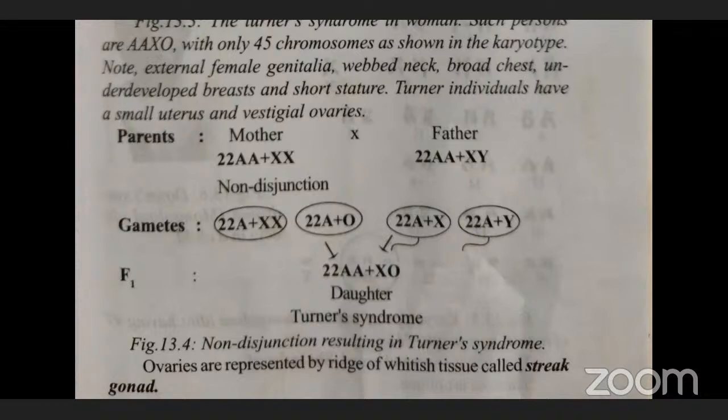In Turner syndrome, the mother has 22AA plus XX and the father has 22AA plus XY. The gametes are segregated as 22A plus XX and 22A plus O. In the father, they are normally segregated as 22A plus X and 22A plus Y. After fertilization, the result is 22AA plus XO, which is called Turner syndrome. She is a Turner syndrome female.